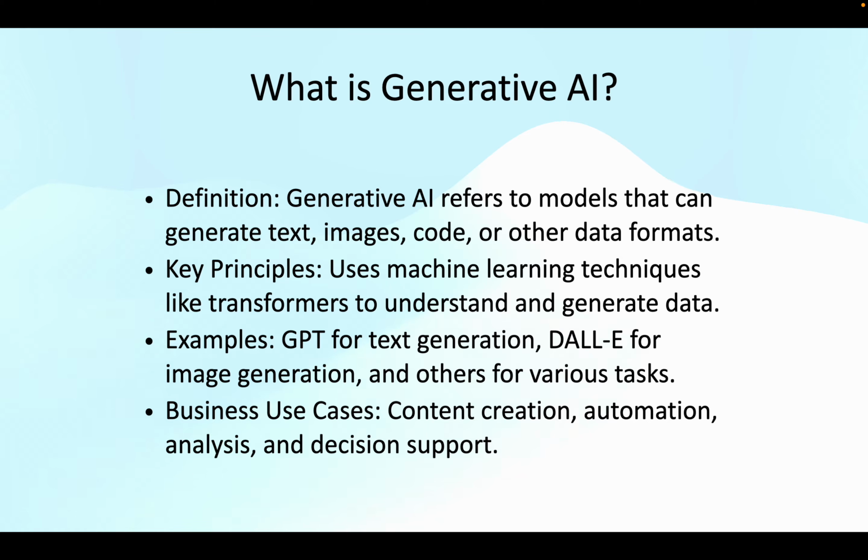Now, let me give you a basic idea about generative AI. Let's say you ask the system to generate an image of a dog. What the system tries to do is learn from the previous images of dogs that you have uploaded.